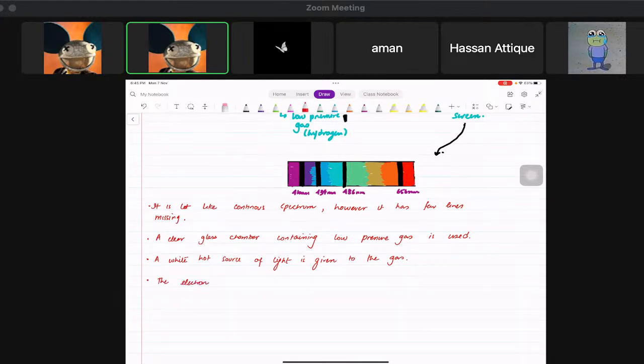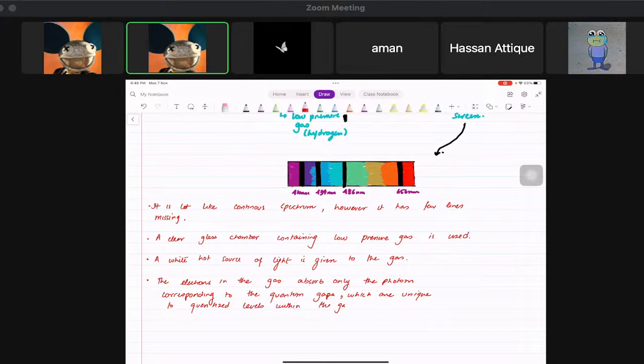The electrons in the gas absorb only the photons corresponding to the quantum gaps, which are unique to quantized levels within the gas. That's what you guys need to understand.